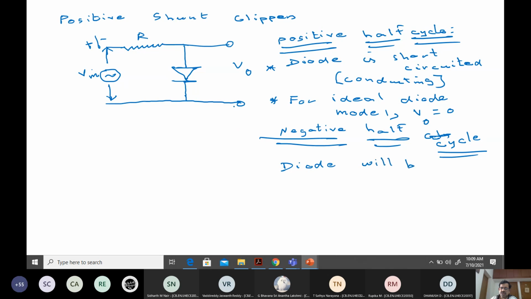So it all depends on how I connect the diode. So here you can see the way the diode has been connected. So current flows in this direction. There is no current flowing. Diode will be open circuit. Okay, will be open circuit under reverse bias, as it is under reverse bias.